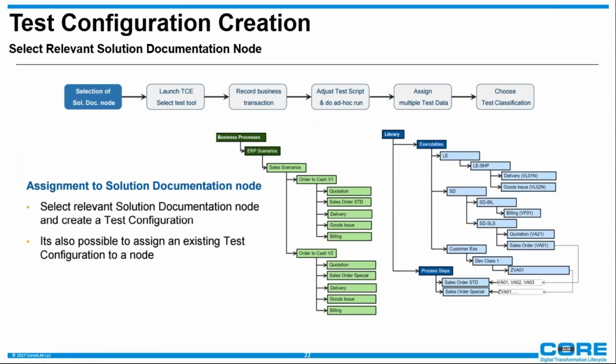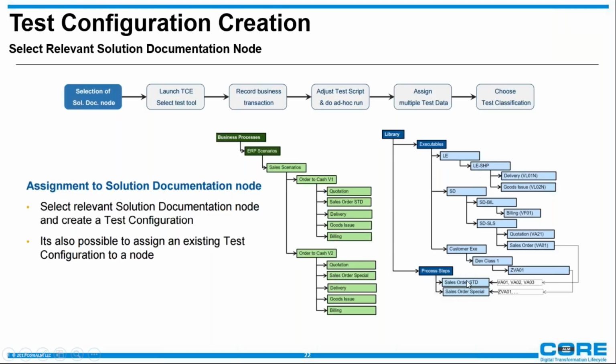Next is selection. If you go through assigning the test case to the documentation node, this is an example of how Solution Documentation in Solution Manager 7.2 is built. There are two parts to it. There are the libraries, which have executables, like our process steps.